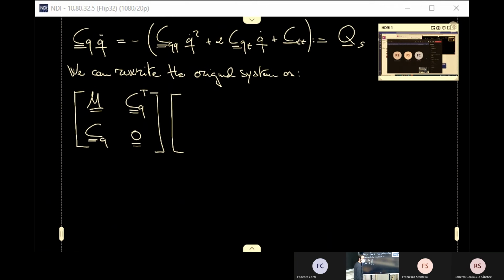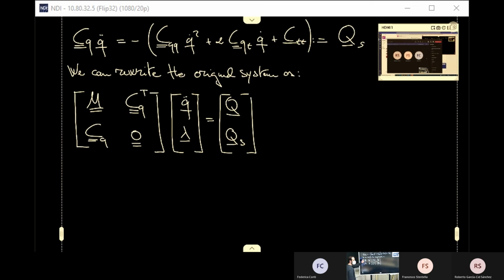So our new vector is this one here. You see now it's a total differential system.